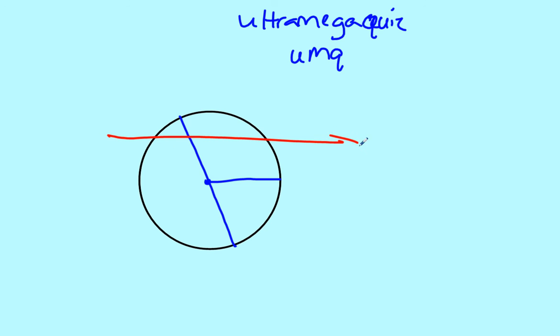A line that goes through it at 2 points is a secant, and a line that touches the circle at just one spot is a tangent. So you're going to need to know that and be able to label them as such. Alright, that's not so bad.